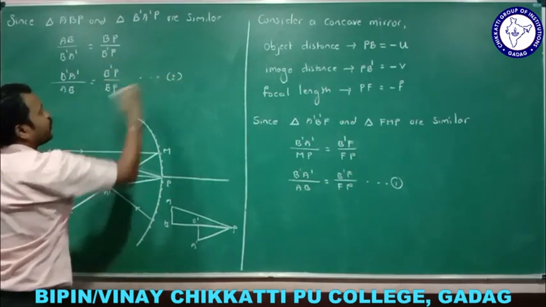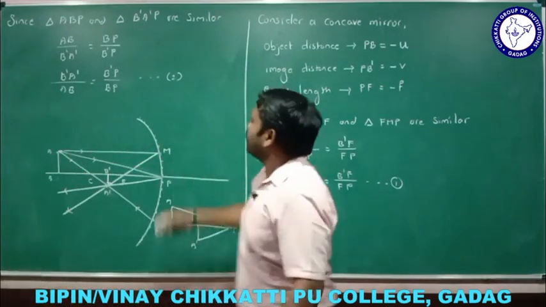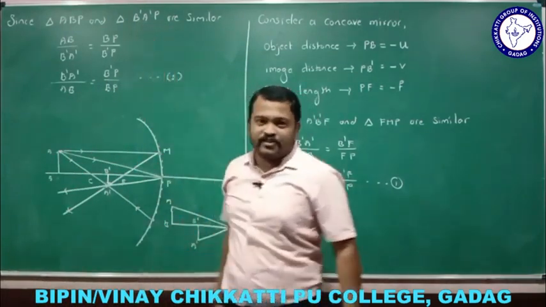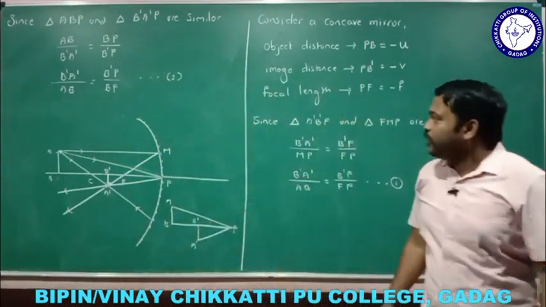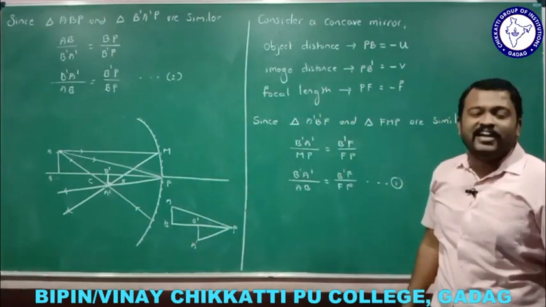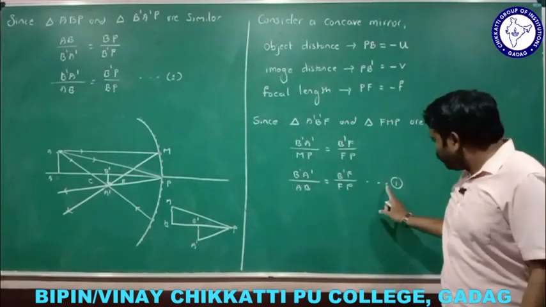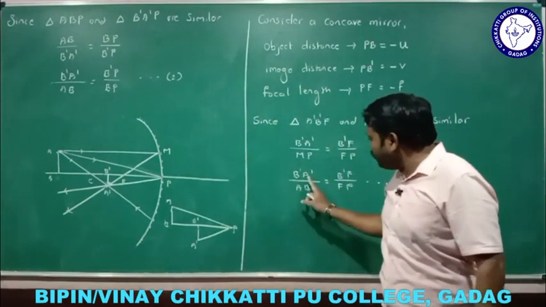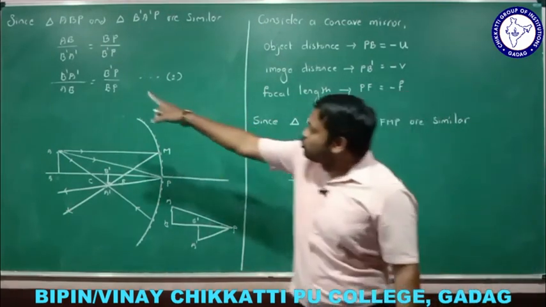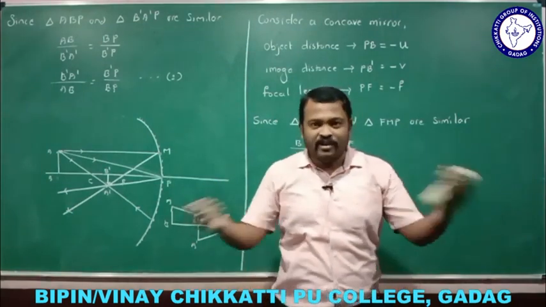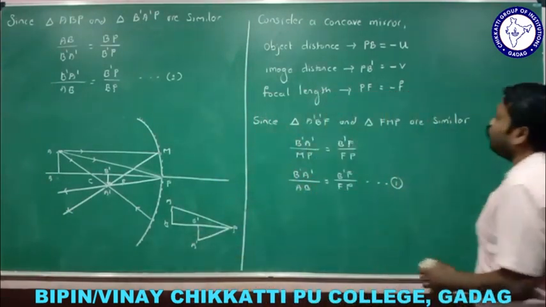This is equation number 2. I just took the reciprocal, right? So B dash A dash divided by AB is equal to B dash P divided by BP. Why did I do this? Because I need to correlate these two equations. From equations 1 and 2, here we have B dash A dash divided by AB, and there we also have B dash A dash divided by AB. Let me correlate these two now.